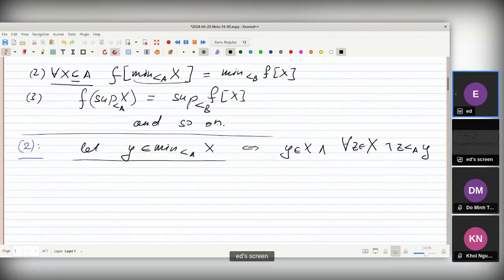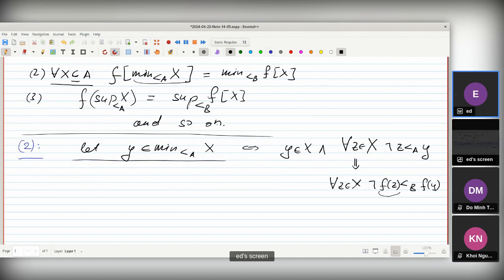What does that mean? That means that for every z in X, the image of this z is not less than F of y. So there is no F of z which is less than F of y in B.